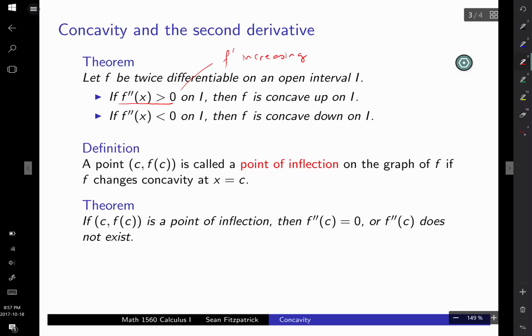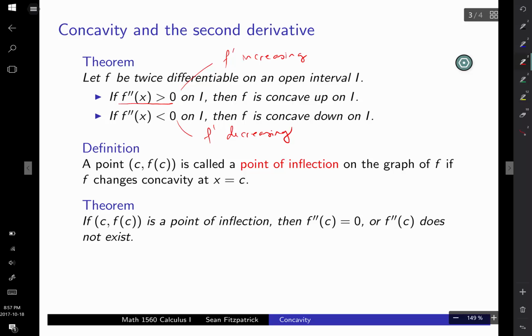That was the topic from 2 videos ago. Remember that f double prime is the derivative of f prime. And if f prime is increasing, that's exactly what we defined concave up to mean. And similarly, if f double prime is negative, well, that means that f prime is decreasing.